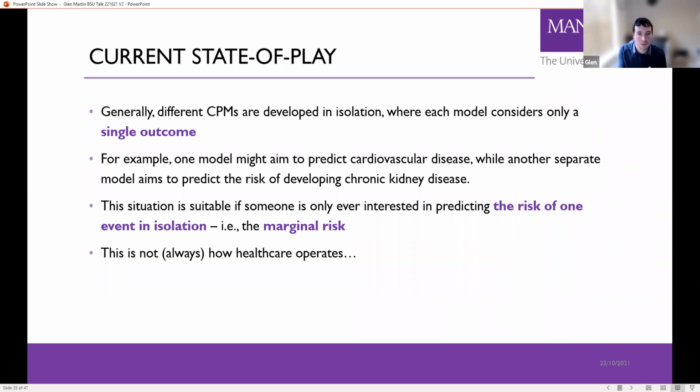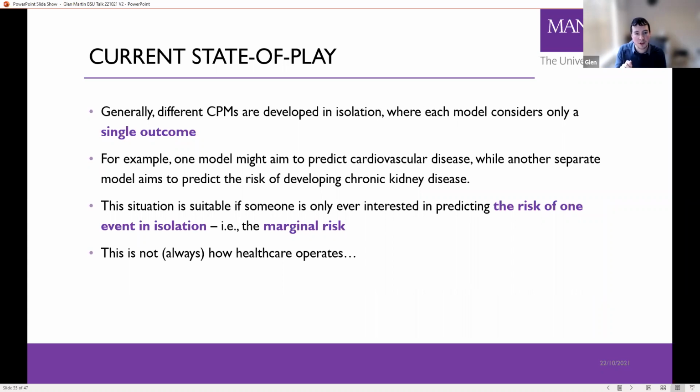So a model for cardiovascular disease. Another model might predict the risk of CKD, for example. And that situation is perfectly fine if we're only interested in the risk of one of those events happening, so the marginal risk, irrespective of what might happen with the other outcomes.